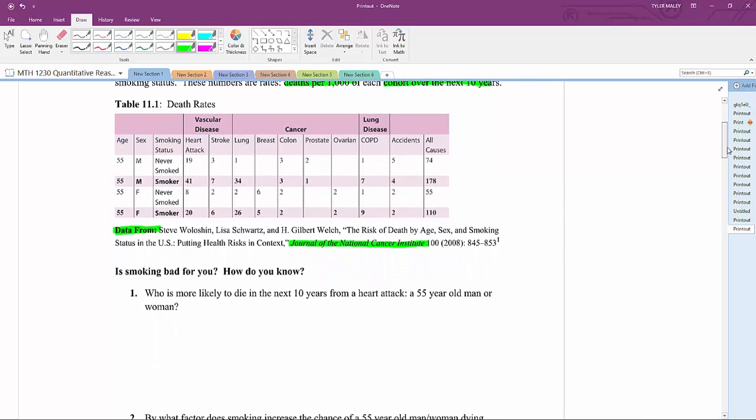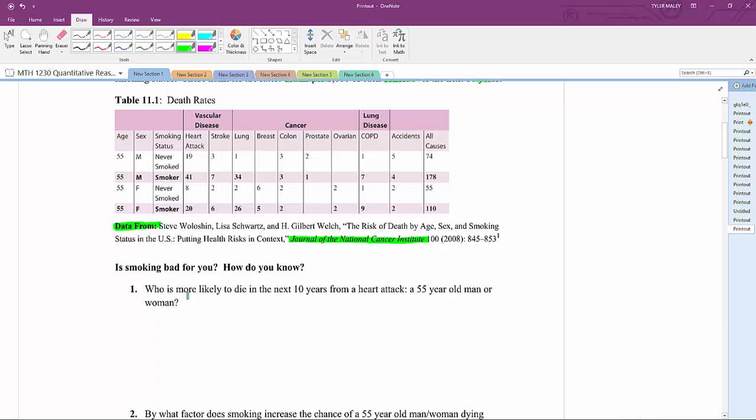So number one asks us who is more likely to die in the next 10 years from a heart attack, a 55-year-old man or woman? And notice it doesn't specify smoking. So let's compare. If we look at males who never smoked, 19 out of 1,000 will die of a heart attack. If we compare that to females who never smoked, only 8.